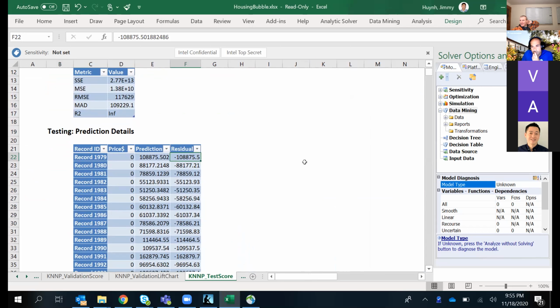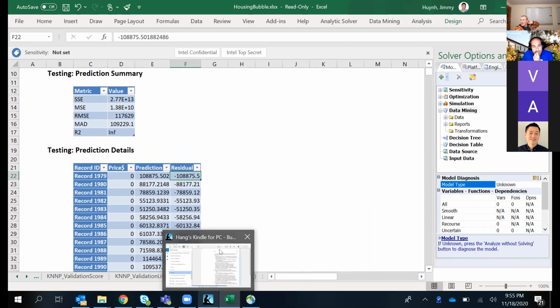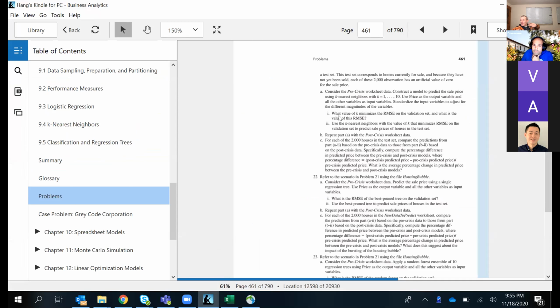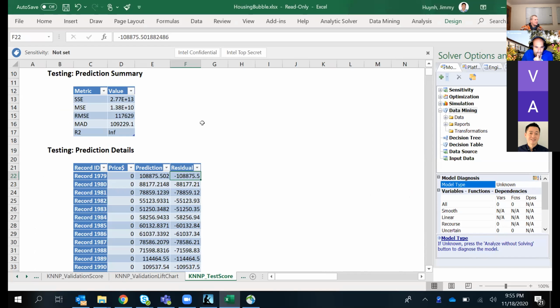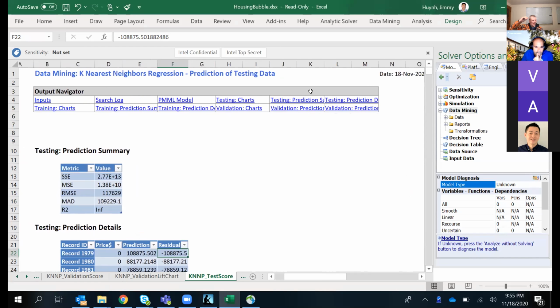So that's good. Crushed it. So what was the first question again? What value of K minimizes the RMSE on the validation set? And what is the value of this RMSE? Let's go to the validation set. You want to use the inputs. That's where it tells you which K it's selected.